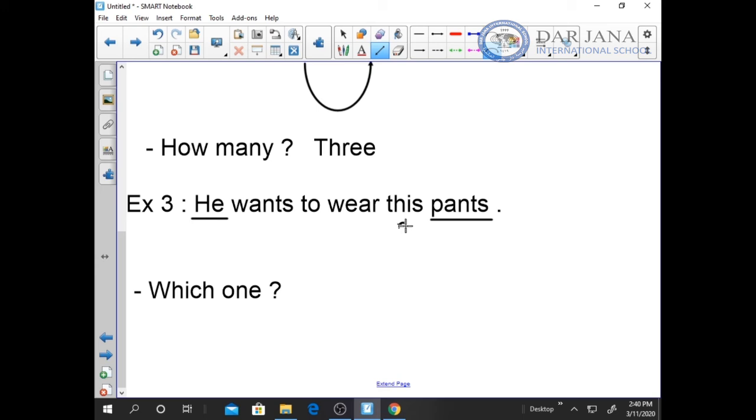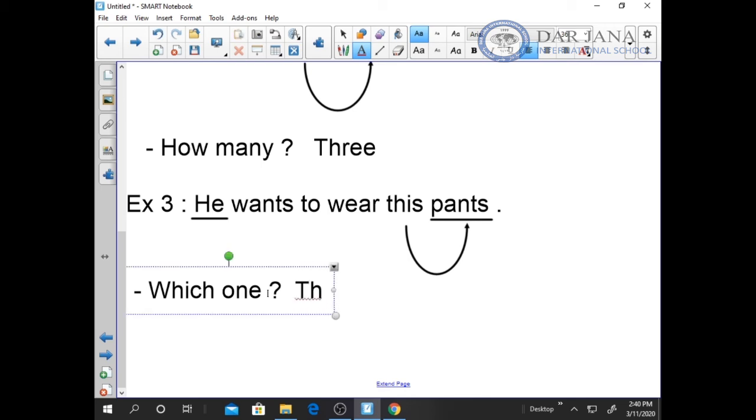I will find that the word this is defining or describing which pants he wants to wear. So the third question answered by an adjective is which one. So which one? The answer is this one. So an adjective answers the question which one in this example.